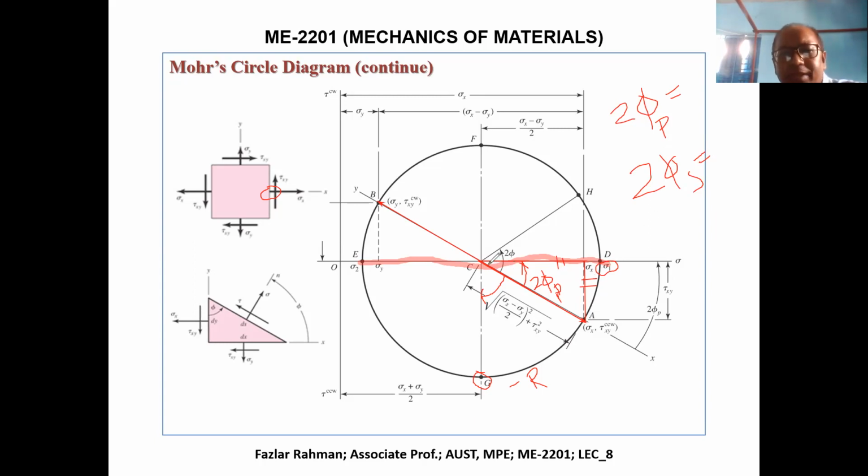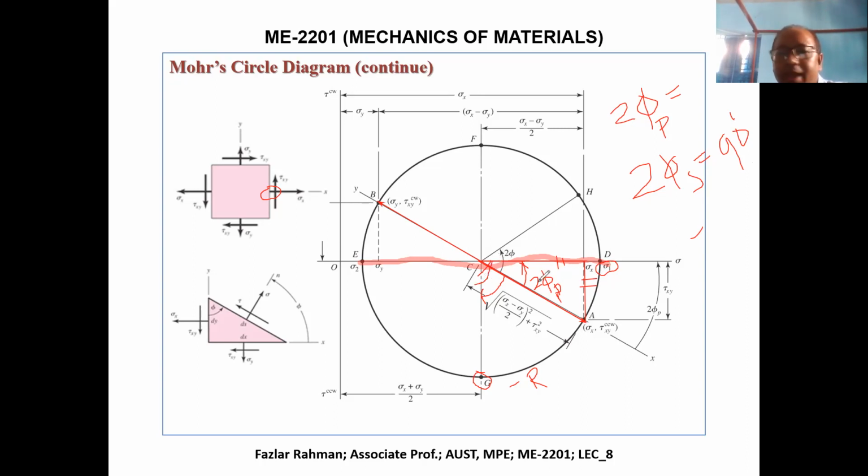You see, this angle is 90. Already we know 2 phi p. So phi s equal to 90 degree. So both will be 45 degree. No, might be not. It depends on value of tau xy, sigma x, sigma y. But this angle is 90.